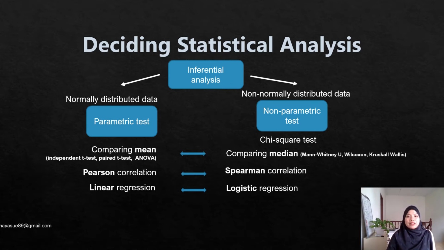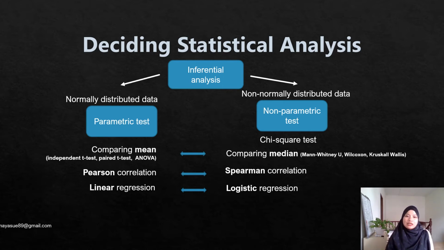Okay, and then if you move forward, you can do regression. This regression involves multivariate analysis, which we won't actually talk about in this session. Maybe in a future session we will elaborate more on regression. It's either linear or logistic.